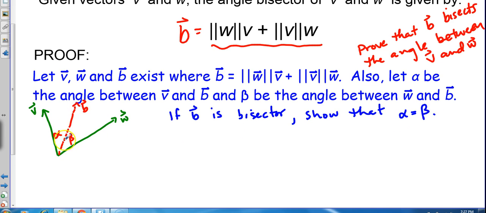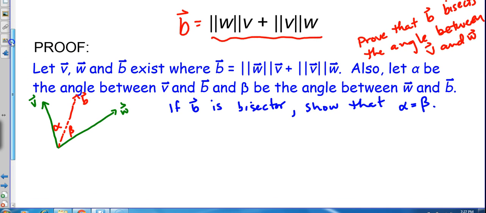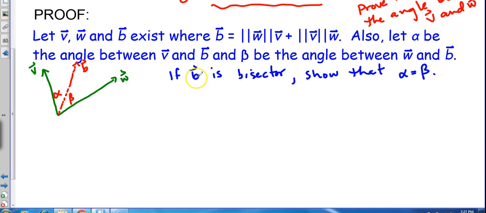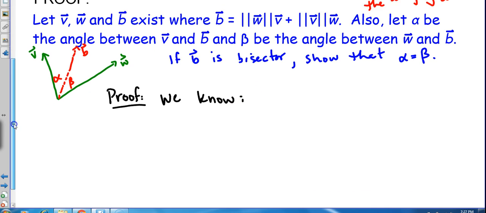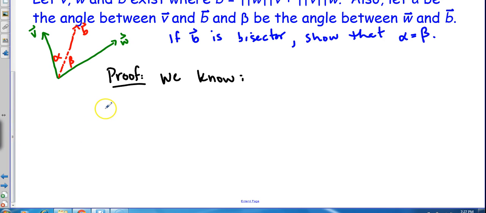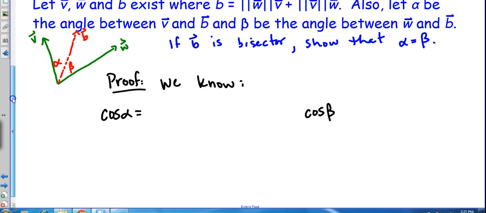So substituting for vector b, we can rewrite these two equations as v dot, and remember it's the magnitude of w times v plus the magnitude of v times w, that's our expression, and hopefully that thing kind of jumps off the page. That's that whole distributive property that we just talked about, and we'll get to that in a second here.